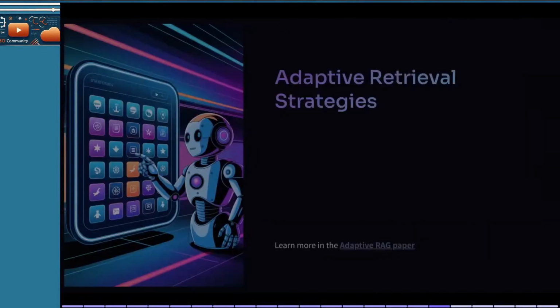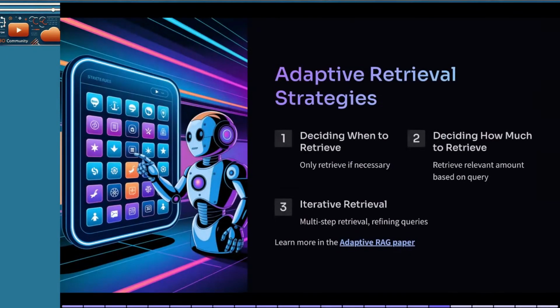Okay, so that was a cool technique, but where we are heading in the future is more towards something called adaptive retrieval strategies. A lot of the stuff we focused on was the R part of RAG. This is more on the augmenting, the actual smart reasoning side of it. So rather than just thinking, here's the query, find relevant documents, whether we need to or not, it's more like, here's the query, do you need to retrieve?